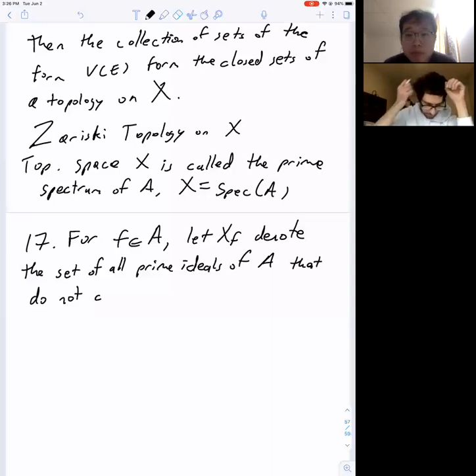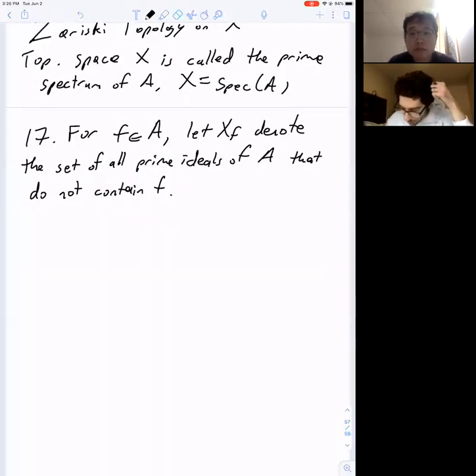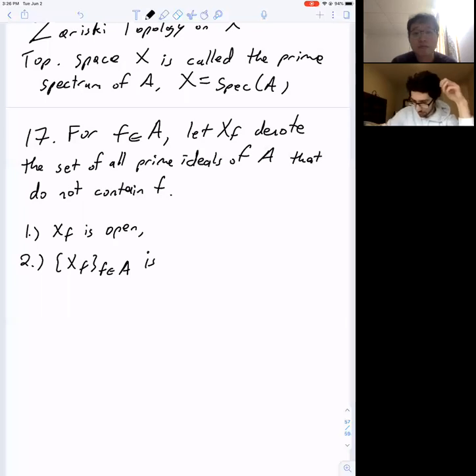So we need to prove a couple of things. We have to prove that X_f is open. We have to prove that the sets of the form X_f, where f is in A, form a basis of the spectrum of A.